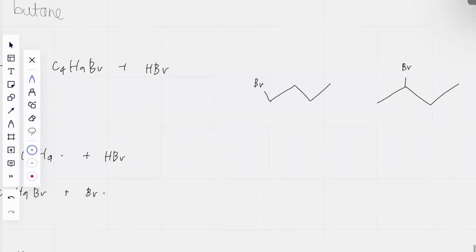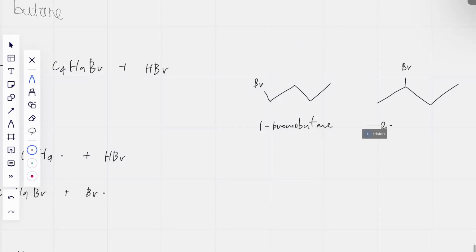And which one will you produce more? One bromobutane. Yeah, good.